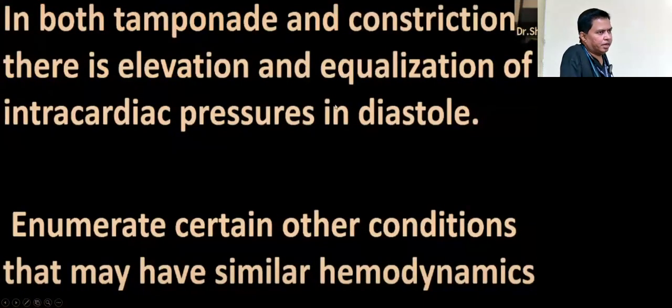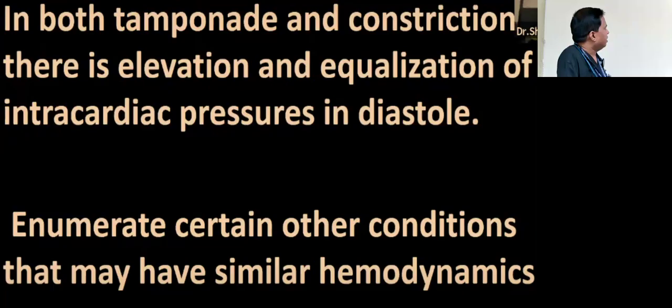In both cardiac tamponade and constrictive pericarditis, there is elevation as well as equalization of intracardiac pressures in diastole. That means RA, LA, RV, LV, PA, there will be equalization of the pressures.